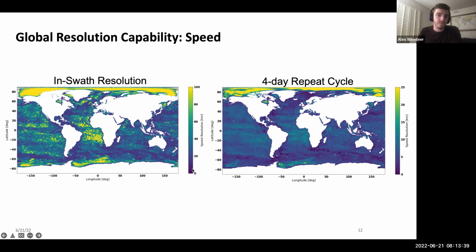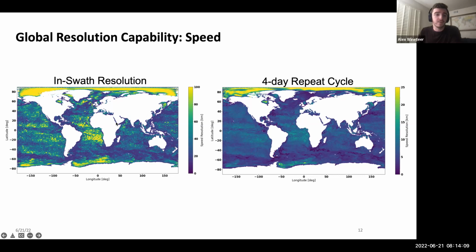So you can see for regions where you have strong currents, places like the Gulf Stream, a lot of the Southern Ocean, you get a fairly high speed resolution, even just in swath. For those regions, we're really resolving the grid scale of 5 kilometers. And since this is a wavelength resolution, 10 kilometers means we're resolving this grid scale at 5 kilometers.